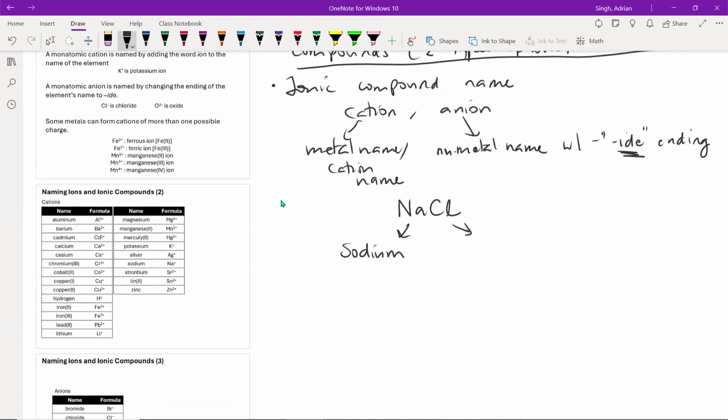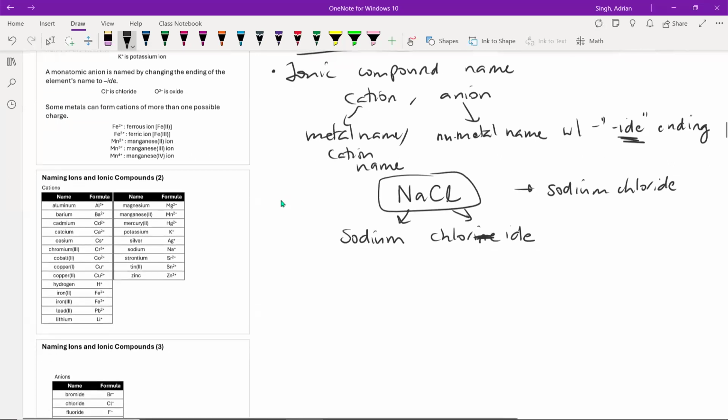We don't put the word ion in the name. We just have sodium. And then Cl, you may be tempted to write chlorine. But as we saw earlier, you don't have chlorine. You actually have the chloride ion in it. So you have to change the ending, drop the INE, replace it with IDE. So this then becomes sodium chloride, would be the name for NaCl.